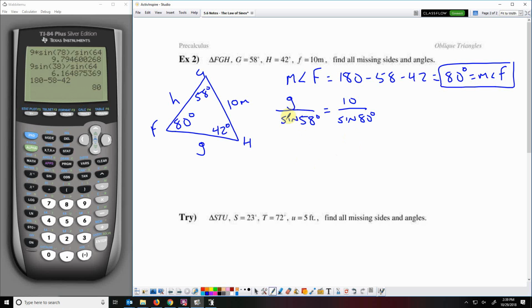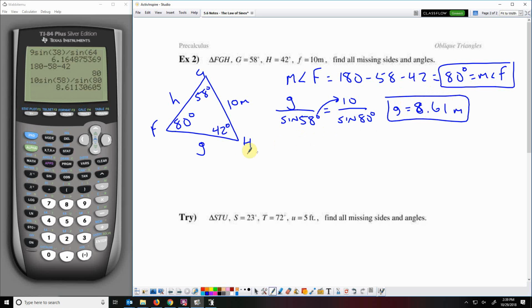Okay, so I've got this sine 58 in a denominator. I want to multiply that across to the 10, so 10 sine 58 divided by sine 80, 8.61. And that is in meters.